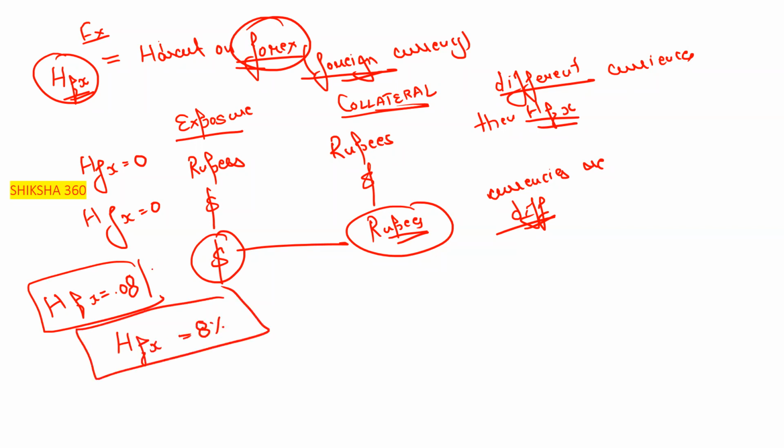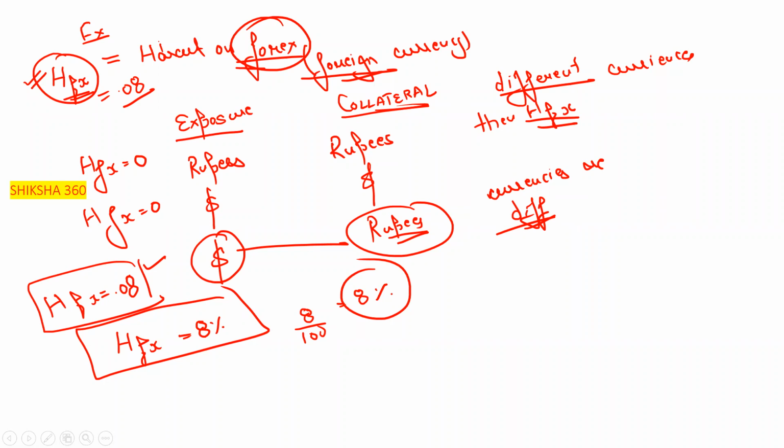Clear? Just remember that when there is a different currency, take HFX equal to 0.08. And if the exposure and the collateral are in the same currency, then HFX is equal to 0.